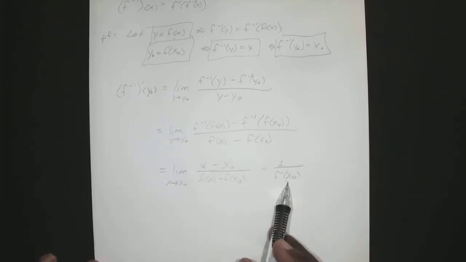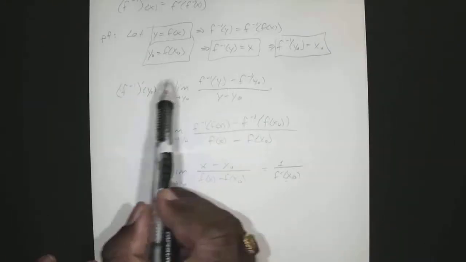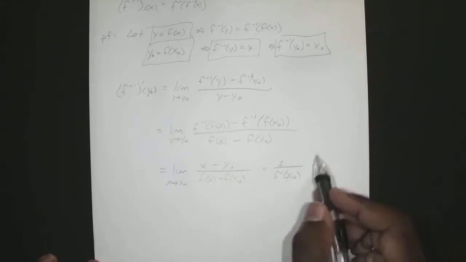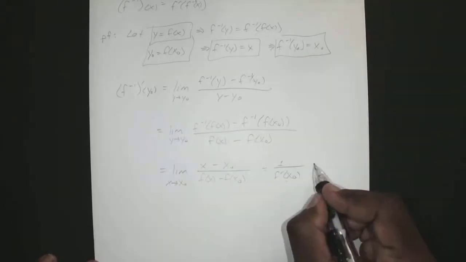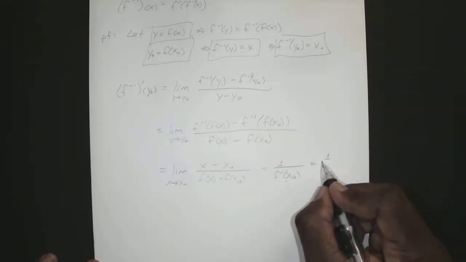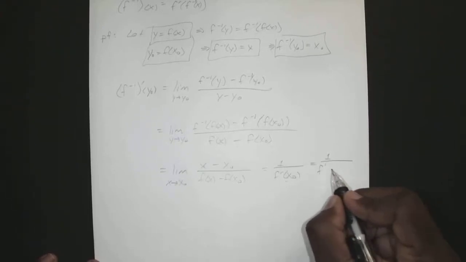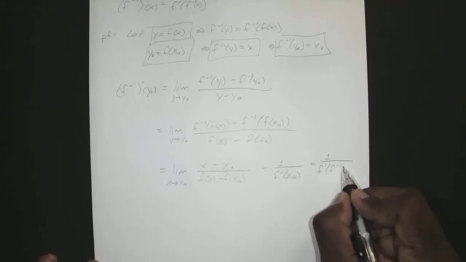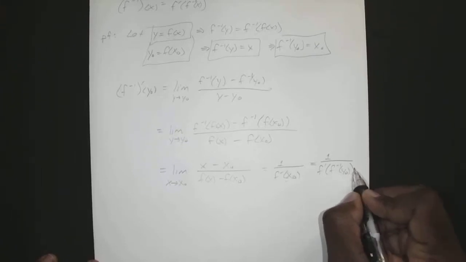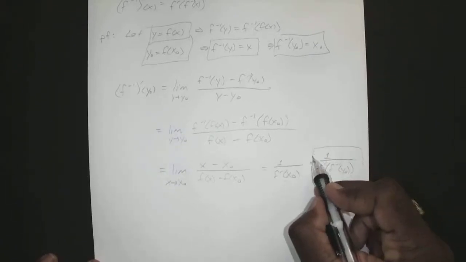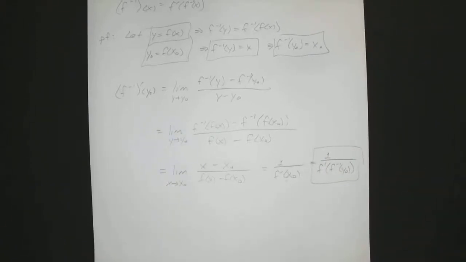Okay, so we know our x0 is equal to f inverse of y0. So we have 1 over the derivative of f inverse at some point y0, which gives us our original formula.